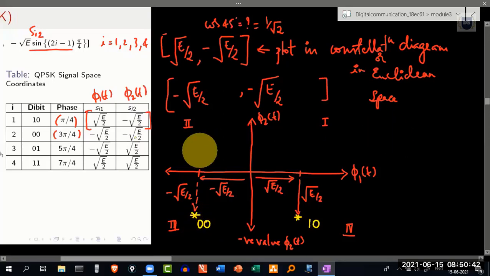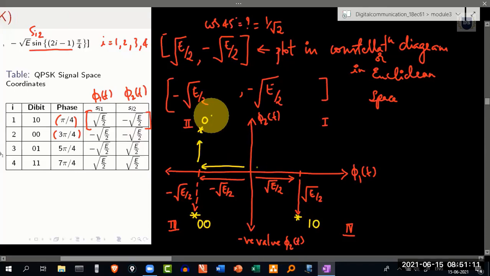Likewise, my third message point will lie in the second quadrant. It will lie in the second quadrant because the phi 1 of t value is negative in nature, whereas phi 2 of t is positive in nature. So all I got to do is move in this direction from here to here, followed by from here to here, such that I'll be getting my third message point, which represents dibit 01.